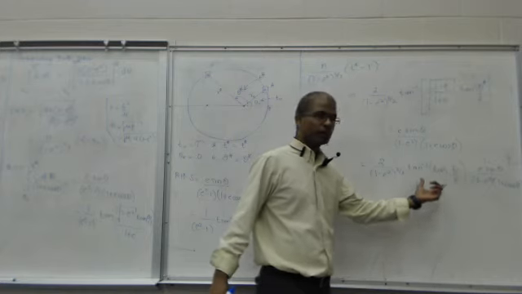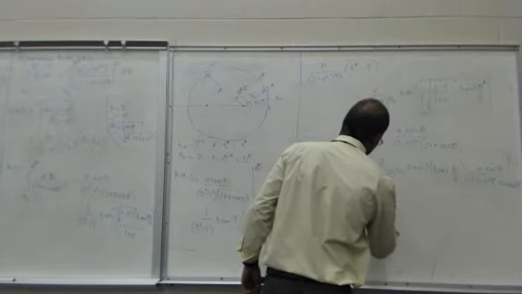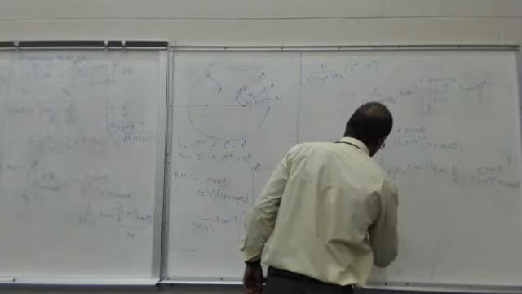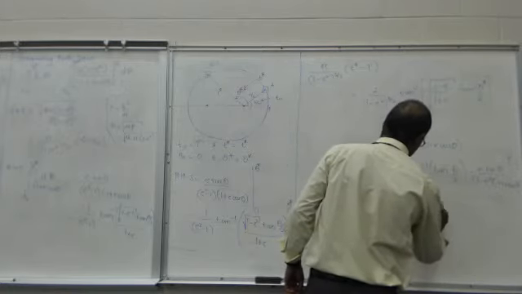What is tangent inverse of tangent? It's just the angle, okay? So it is E over 1 minus e squared, 3 over 2, minus e sin theta.